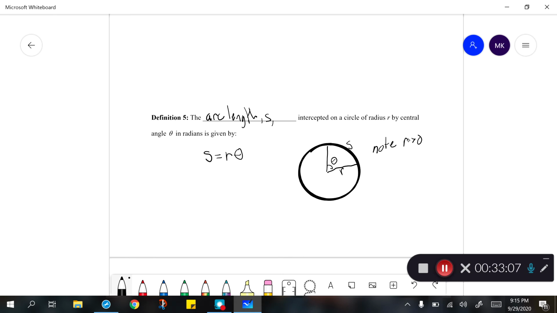And as noted, theta is in radians. I did all that fancy stuff to it, so it should be obvious that it's important. If theta is in degrees, this does not work. I would have to convert whatever degree measure that angle is into radians.